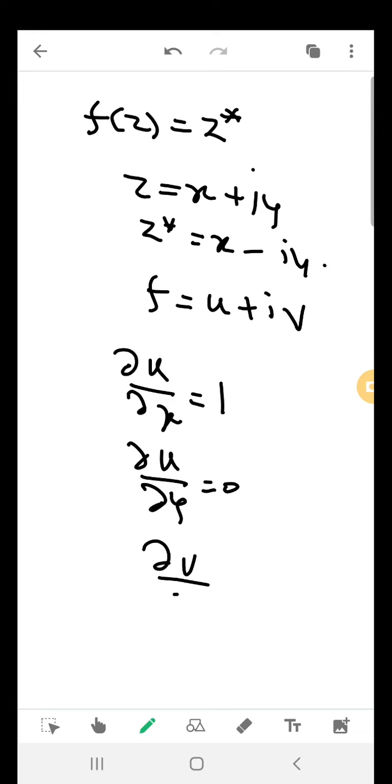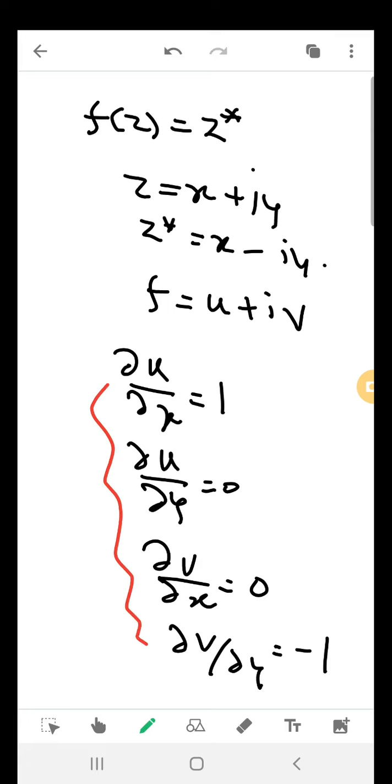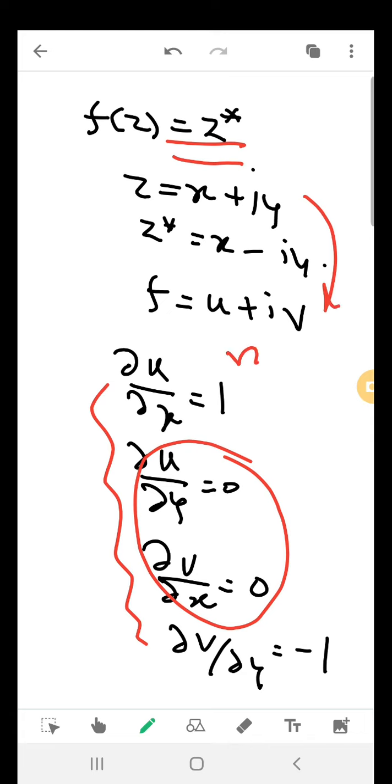Del v by del x is equal to 0, but del v by del y is equal to minus 1. So even if the second condition is satisfied here, the Cauchy-Riemann condition that del u by del x should be equal to del v by del y is not being satisfied. So this is not analytic.